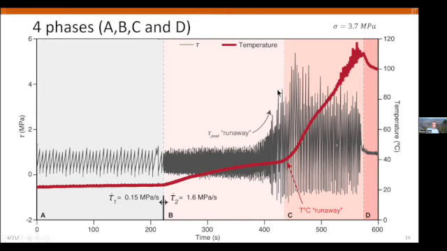The peak here tells you how resistant your fault was, and the peak down here tells you the minimum friction during the slip. So we have a change in the maximum resistance of the fault, and also a slight decrease in the minimum friction.